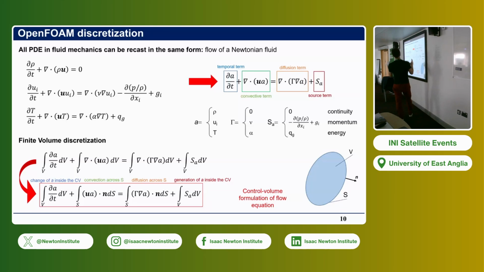So all the equations can be written in the same general manner and discretized with a finite volume method, or at least integrated in volume, switching the volume integral into a surface integral. So you have a very general equation that is the same for all equations. If you develop a method to discretize the convective term, this is applicable to all of them.